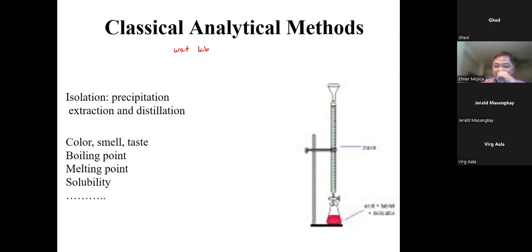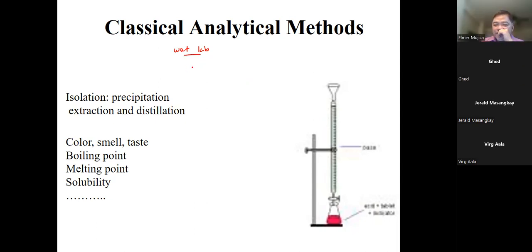Yes. Wet chemical method daw po. Okay, yep. Wet lab method. Okay? So there's two main methods there. One that looks at the mass, that's gravimetry. And the other one that looks at the volume, which is volumetry, or the classic titrimetry or titration.